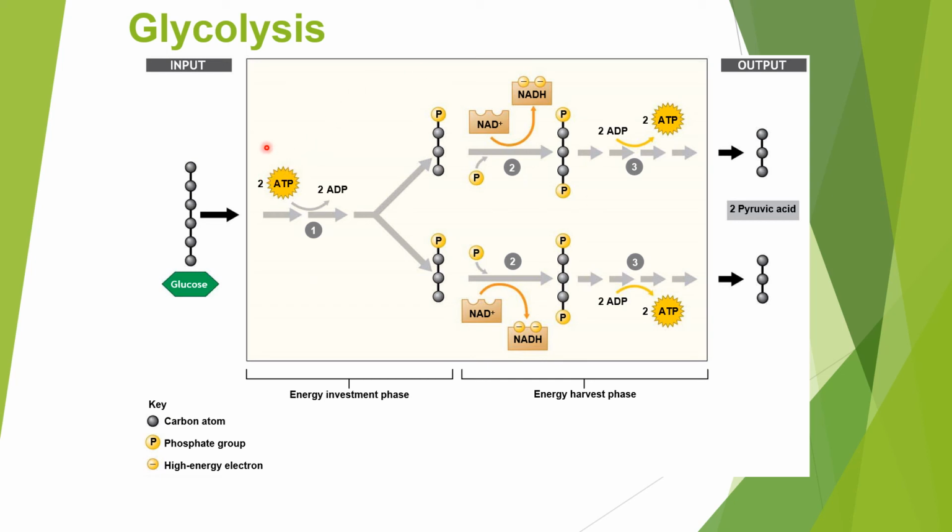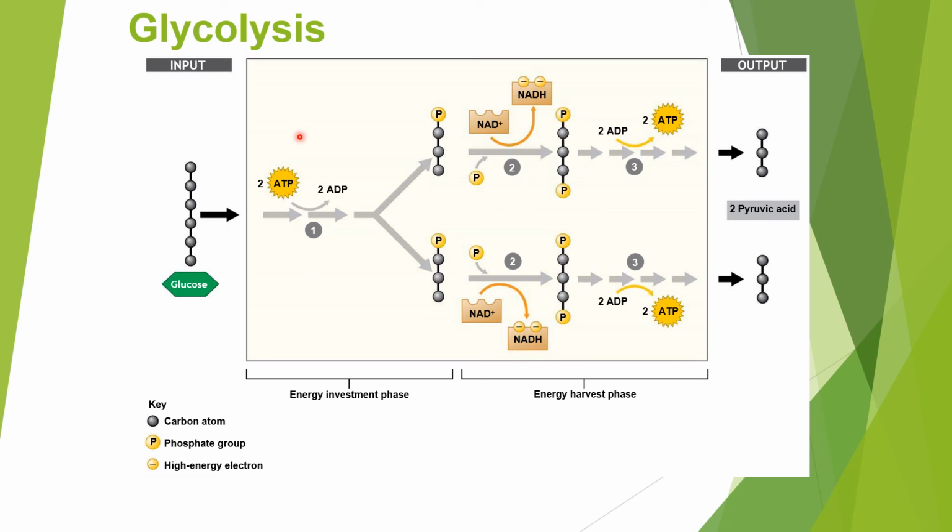So the net profit, or the net outcome of ATP, is just 2. Because I produced 4, but I invested 2 earlier. So technically, my net profit is 2 ATP molecules.